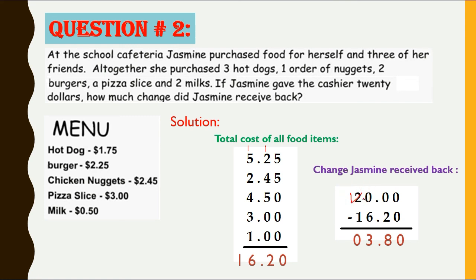It will become 1 and the 0 will become 10. Now we will borrow one more time, it will become 9 and the next will become 10. 10 minus 2, 8. 9 minus 6, 3. And 1 minus 1, 0. So here in this question we have used 3 operations.